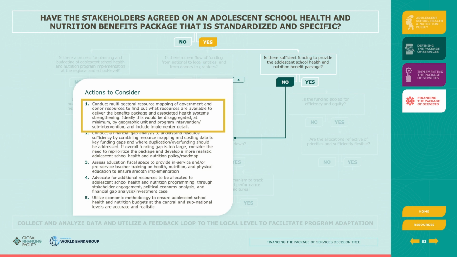Conduct multi-sectoral resource mapping of government and donor resources. 2. Conduct a financial gap analysis to understand resource sufficiency by combining resource mapping and costing data to key funding gaps and where duplication/overfunding should be addressed. 3. Assess education fiscal space to provide in-service and/or pre-service teacher training on health, nutrition, and physical education to ensure smooth implementation. 4.